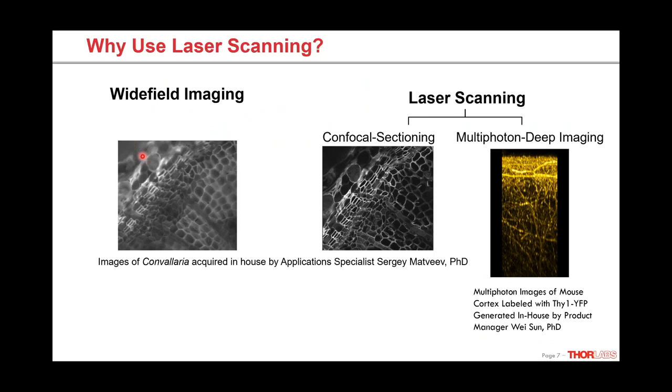So in this example of the same convallaria slide, on the left you see wide field imaging, but because the slide is thick, you see some blur to the image, whereas confocal imaging excludes that out of focus light and you get a crisp image. Now, multiphoton imaging grants one the ability to image much deeper into biological specimens and tissue than you can with either confocal or wide field imaging.